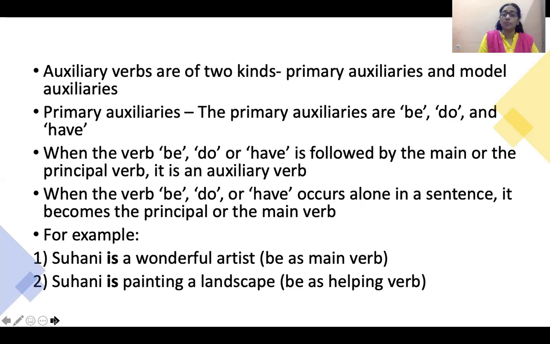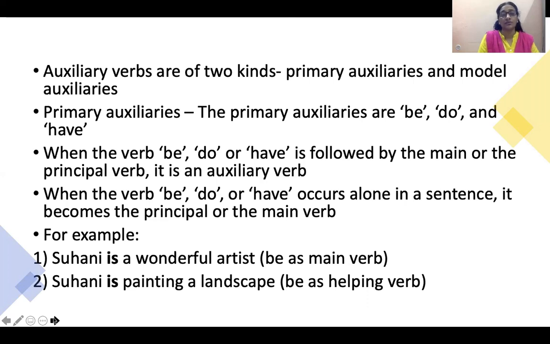And the forms of be are is, am, are, was, and were. And the forms of do are do, does, and did. And the forms of have are have, has, and had.